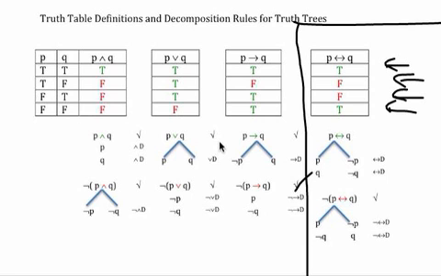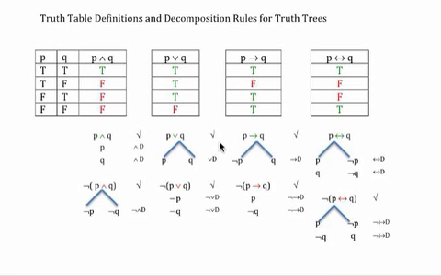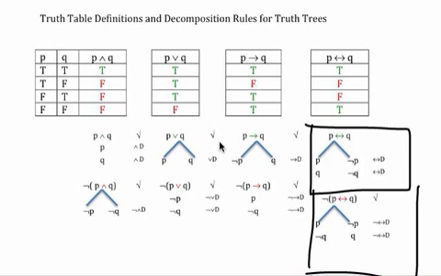So what that's going to translate into in terms of our decomposition rules is that when we represent the truth conditions for the biconditional itself, then that's going to branch, as it does here. And then also when we represent the truth conditions for the negated biconditional, that's going to branch as well.